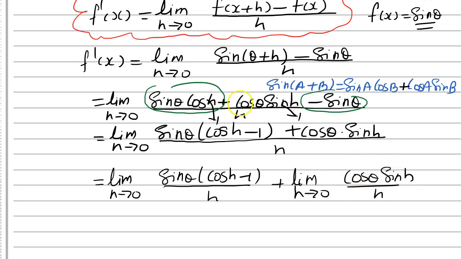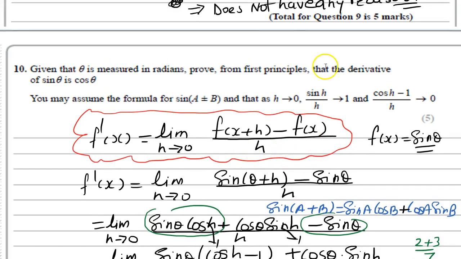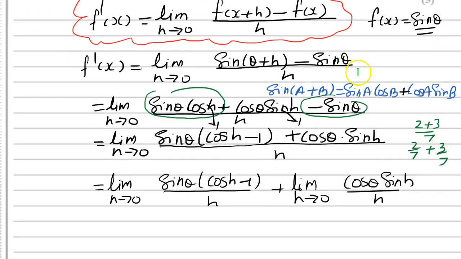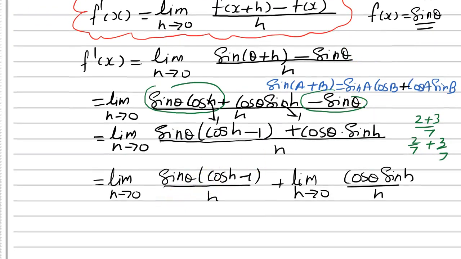So what we have done, like if it is 2 plus 3 over 7, then we can write 2 over 7 and 3 over 7. This is exactly what we have done. So if you use these things here, sine h over h, if h is tending to 0, it gives 1, and cos h minus 1 over h gives 0. So if we apply this rule, this whole thing is going to be 0.